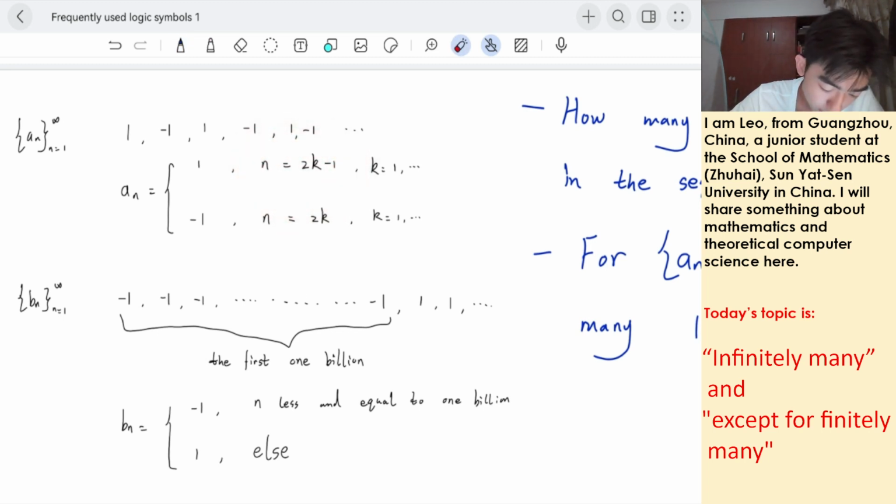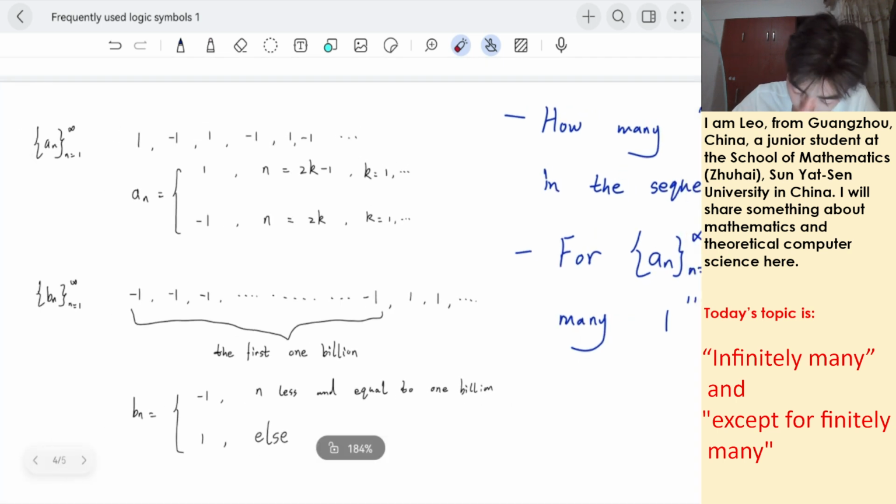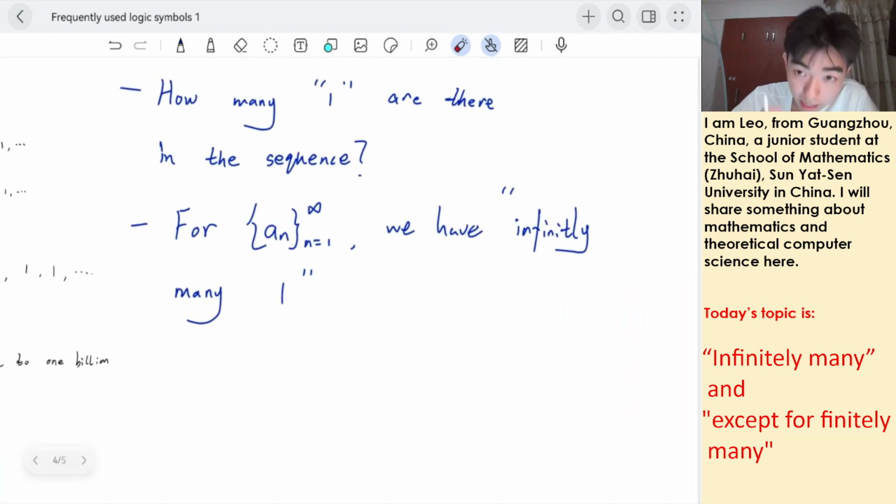So there are infinitely many an equal to 1. So for the sequence an, there are infinitely many 1s appearing.